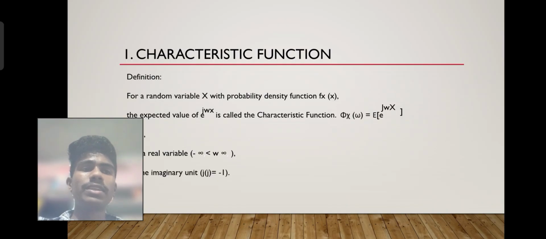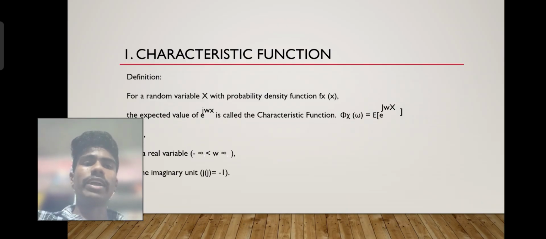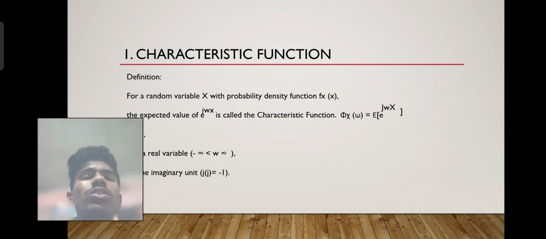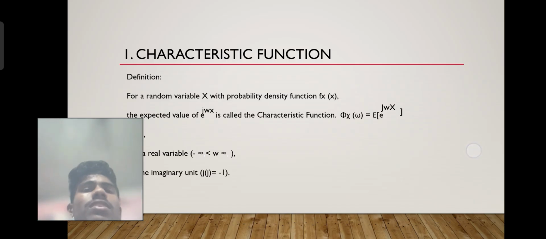It can be expressed as Φ_X(ω) = E[e^(jωX)]. Here it is a function of a real variable ω. The limits are minus infinity to infinity, where j is the imaginary operator. Therefore, j² is equal to minus 1.